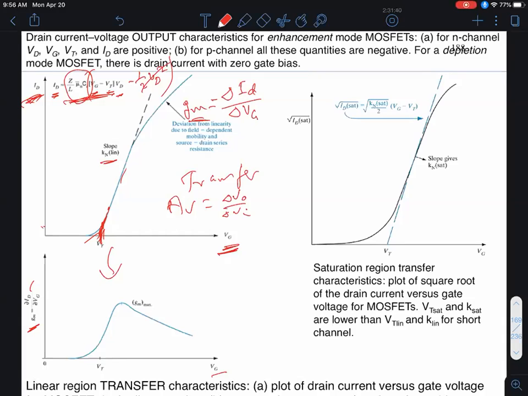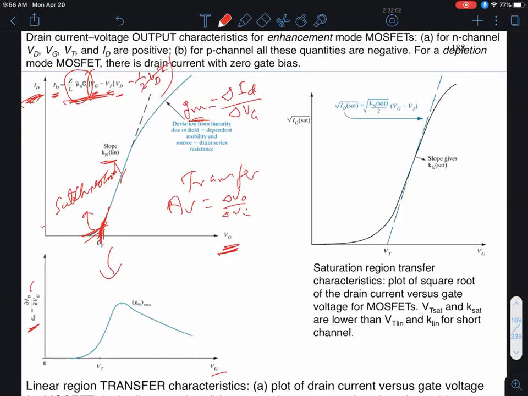Now, in practice, you'll find that the current in a transistor doesn't go abruptly to 0. There'll be some current below that. It'll gradually go down to 0. That current, we'll discuss later on, is known as your sub-threshold current. And the rate at which that current changes with gate voltage gives you something called the sub-threshold slope.